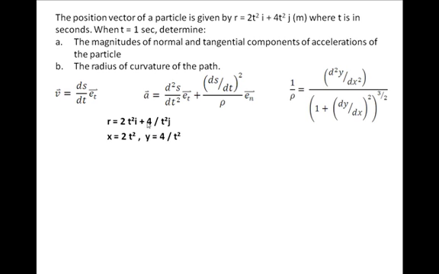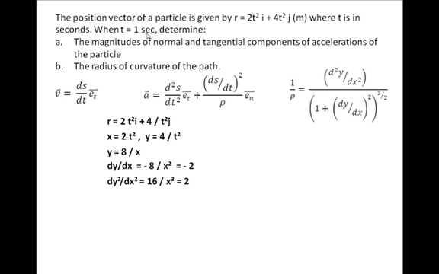We realize from here that x is 2t square, y is 4t square. Eliminating t, we can get the equation for the curve, and using this we can get dy by dx and d square y by dx square. Now mind you, we need to work out this rho. We are going to work out rho first at t equal to 1.